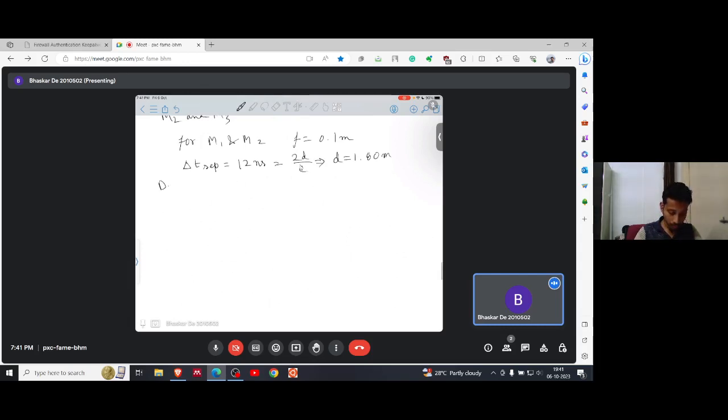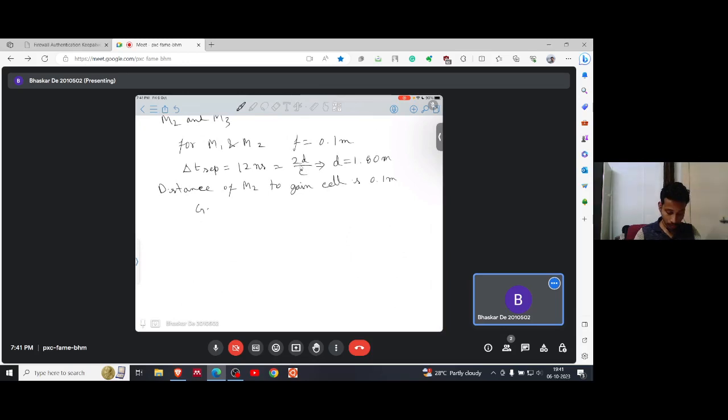So the distance of M2 to gain cell is 0.1 meter. So gain cell to M1 is 2F, equal to R, equal to 0.2 meter.